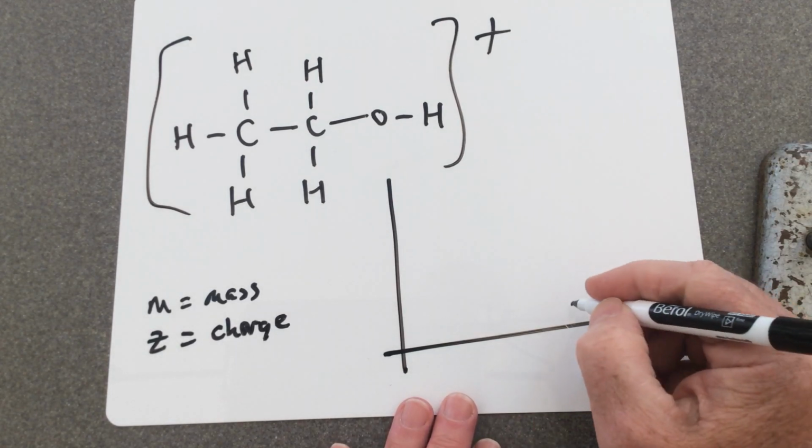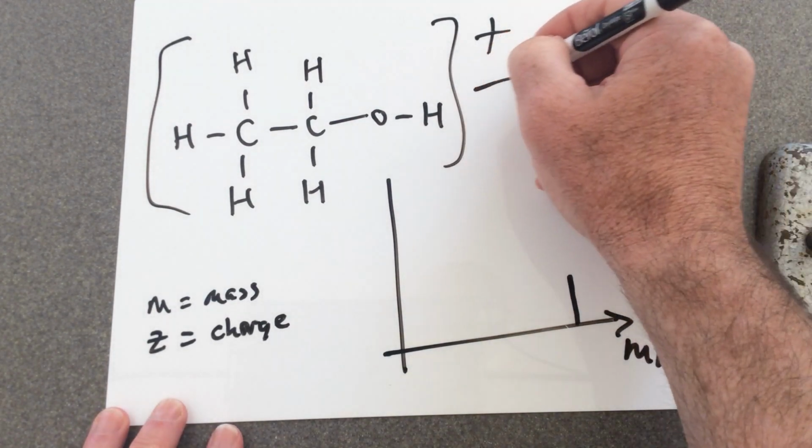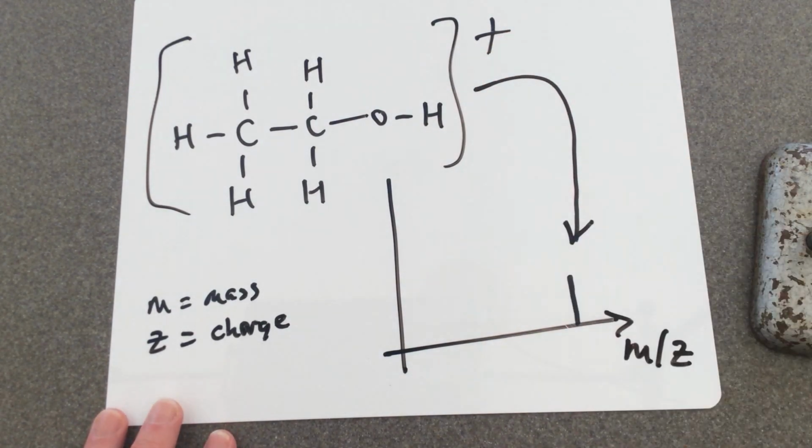So I would expect to see a peak somewhere on that axis that corresponds to the molecular ion peak. And that molecular ion peak is telling me the MR of the molecule. That's really important.